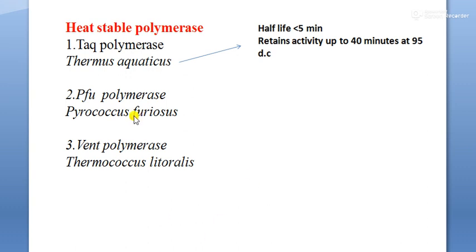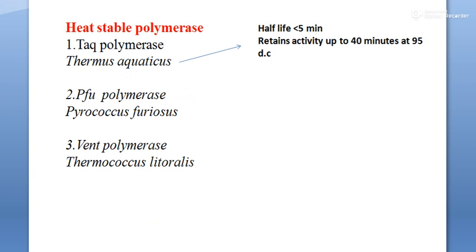So why is Taq polymerase so popular in the case of PCR? Because it has a half-life of less than 5 minutes, but retains activity of these enzymes up to 90 minutes at a temperature of 95 degrees centigrade.